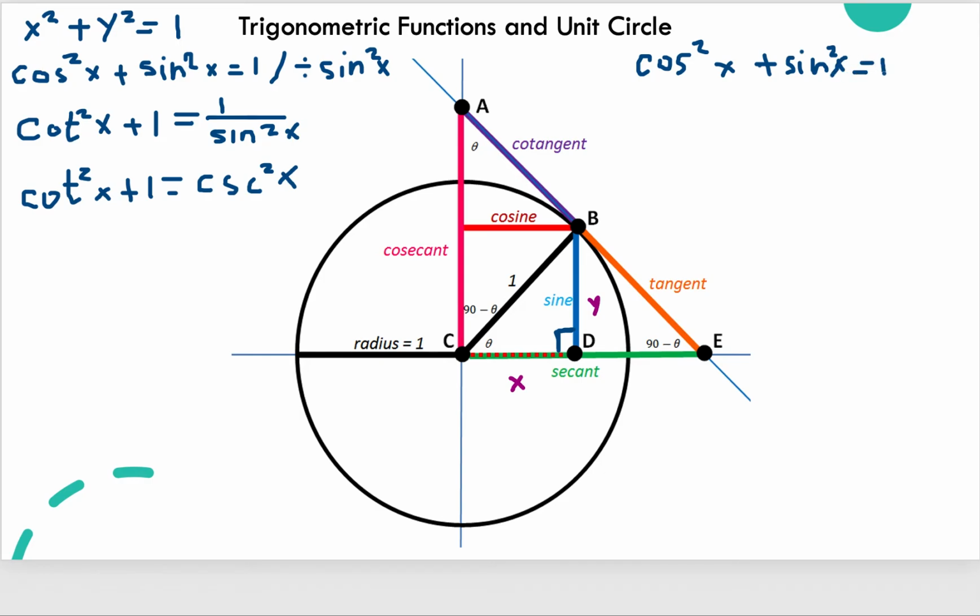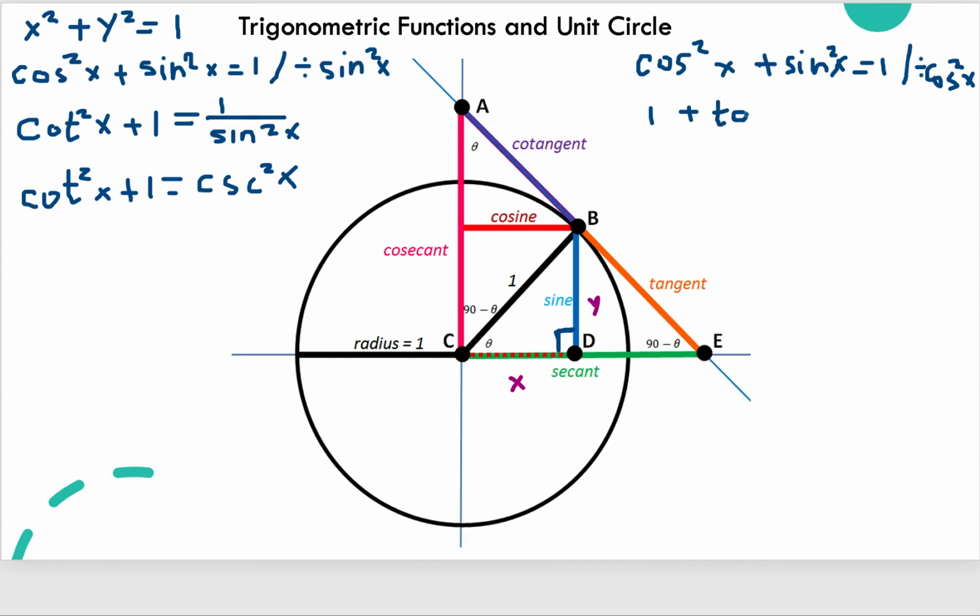And now we are looking for the cosine relationship, and we divide the whole equation by cosine square x. Cosine square x divided by cosine square x is 1, plus sine square x divided by cosine square x is tangent square x.